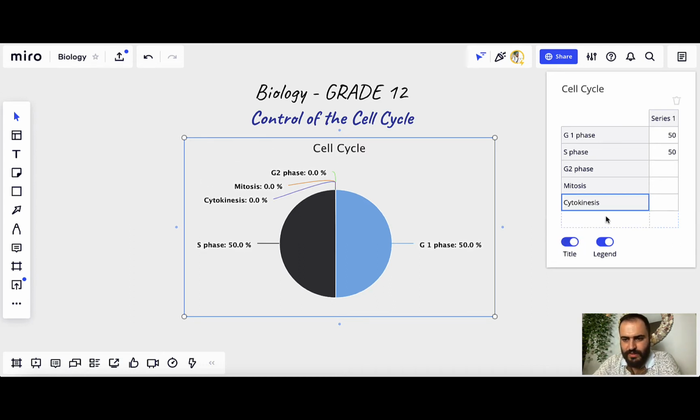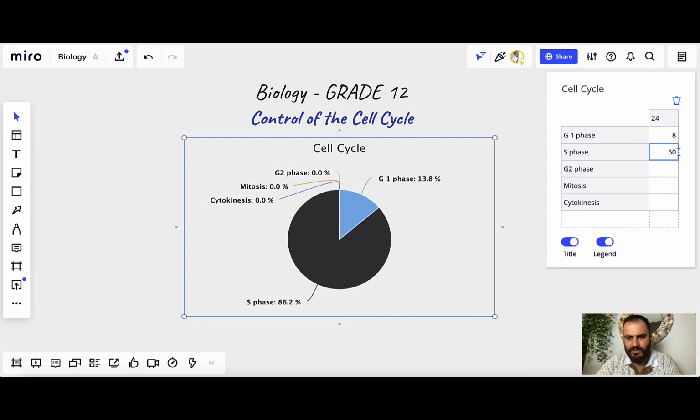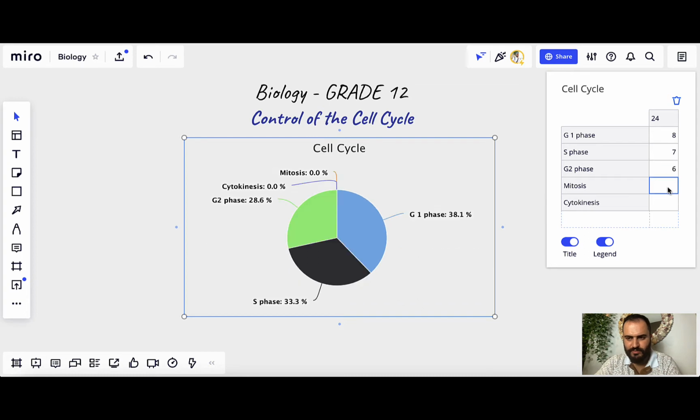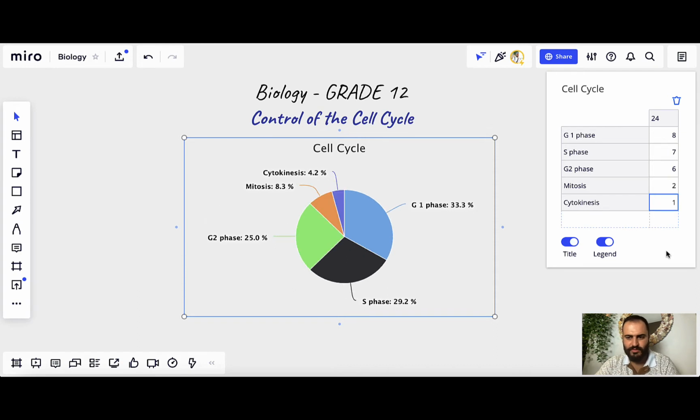Okay, if I assume that the cell cycle takes 24 hours in the human body, I might give 8 hours for G1, 7 hours for S, 6 hours for G2, 2 hours only for mitosis, and 1 hour for cytokinesis.